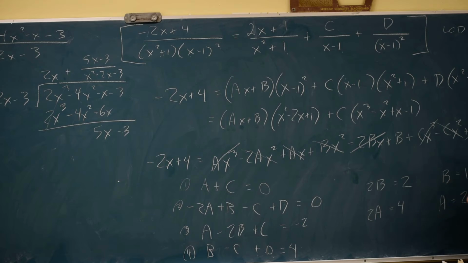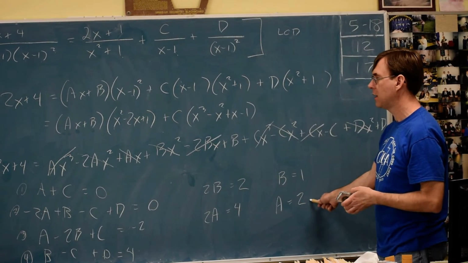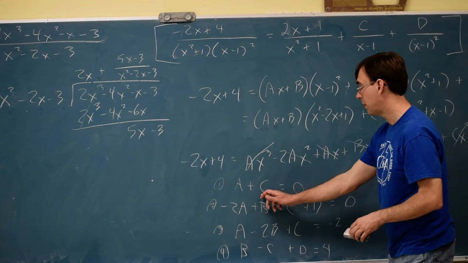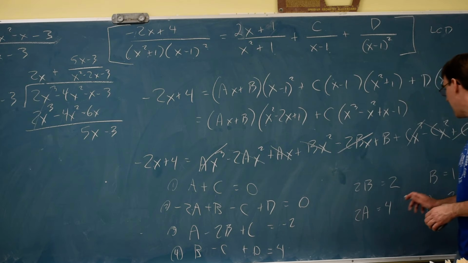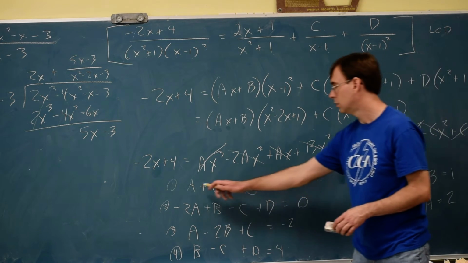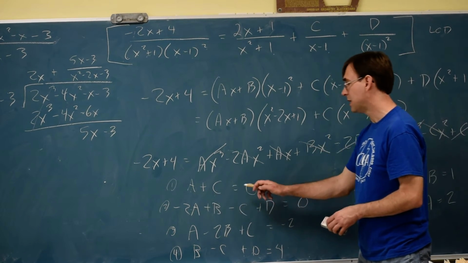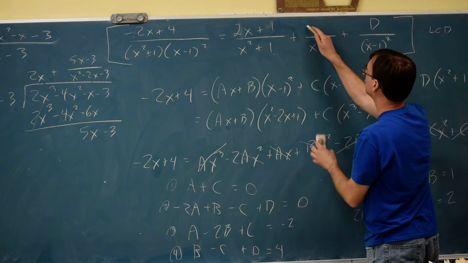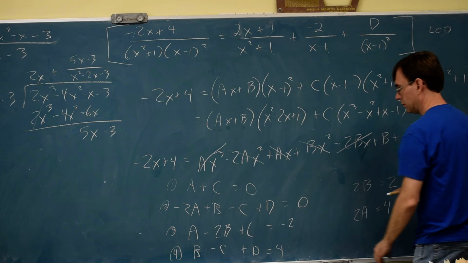Then I look back through the system and think, well, now that I know B and A, is there anywhere that doesn't look too bad to get another letter? Well, this one doesn't look bad at all. Now that I know that the A is a 2, the C must be -2 for this equation to work out. So my C is -2.